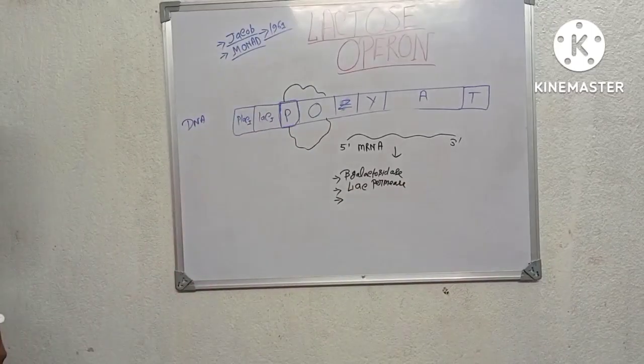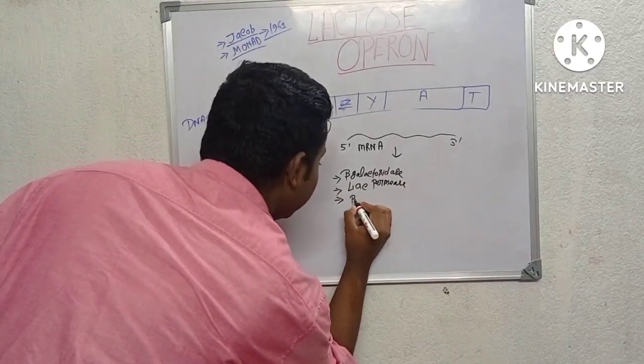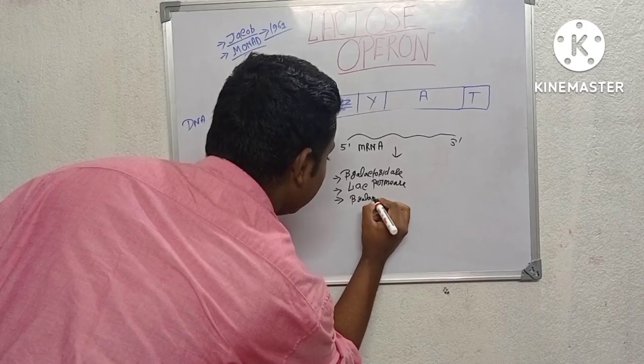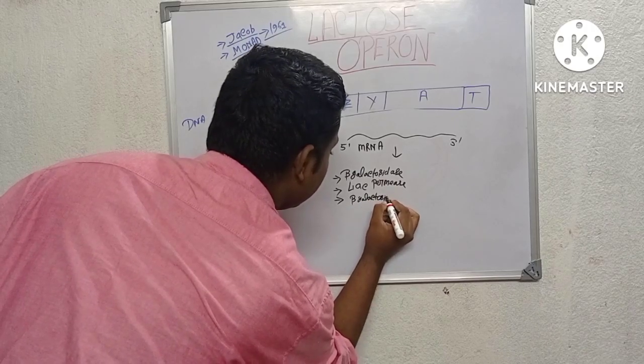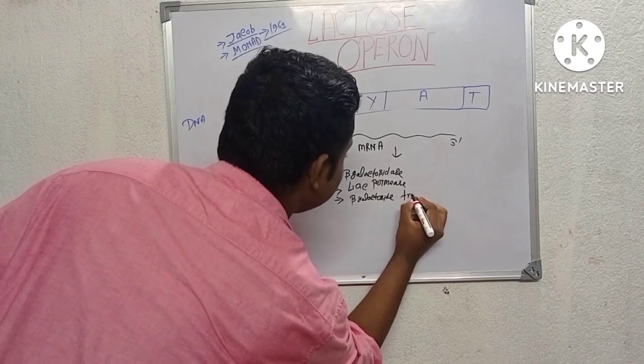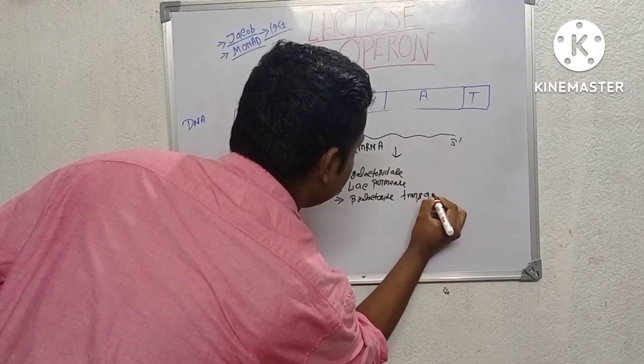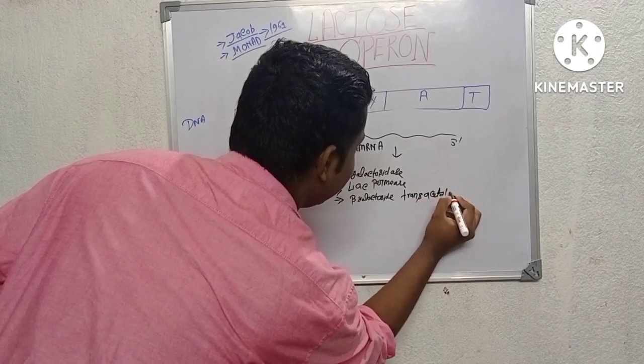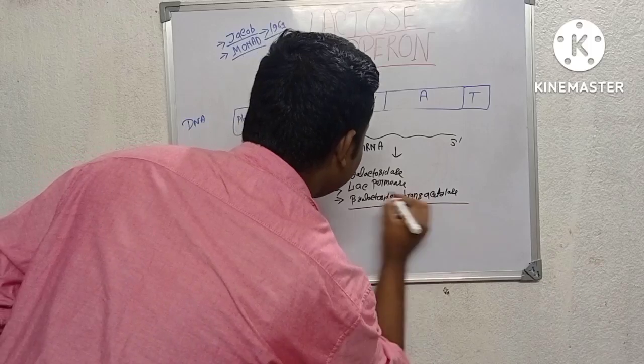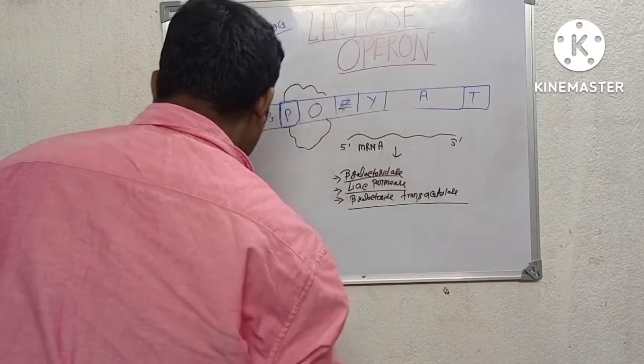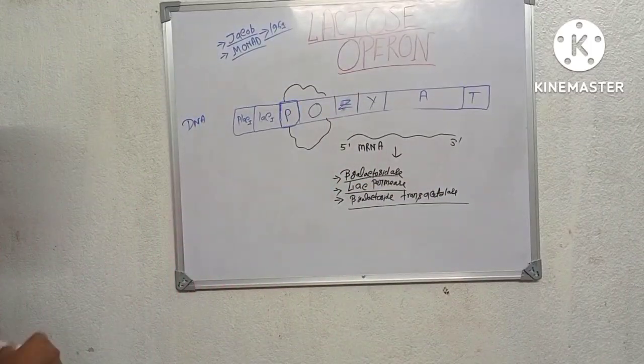And A gene codes for beta galactoside transacetylase enzyme. We will see the function of these three enzymes in lactose metabolism.